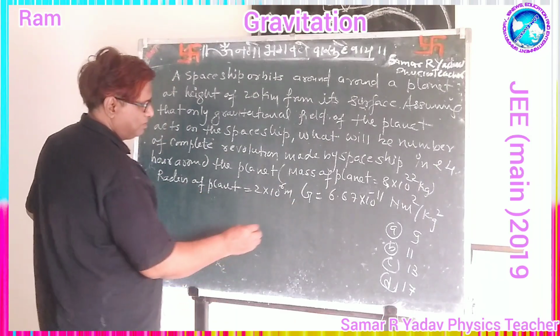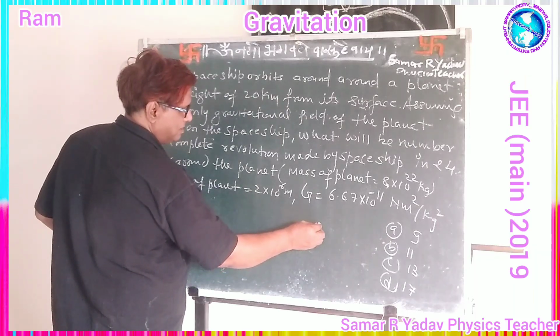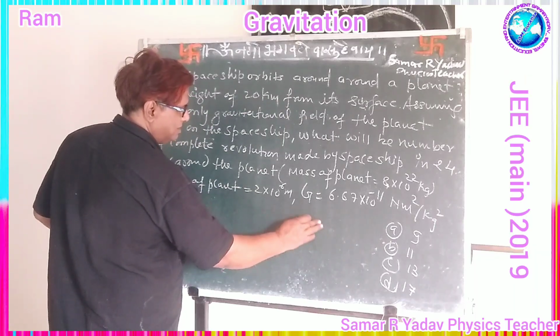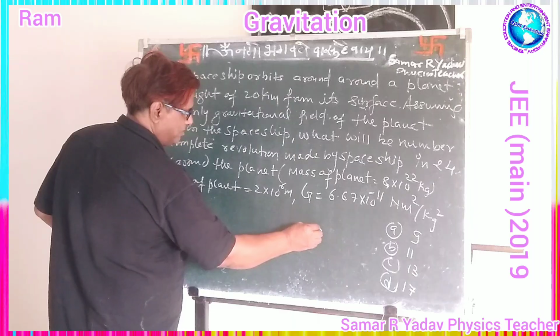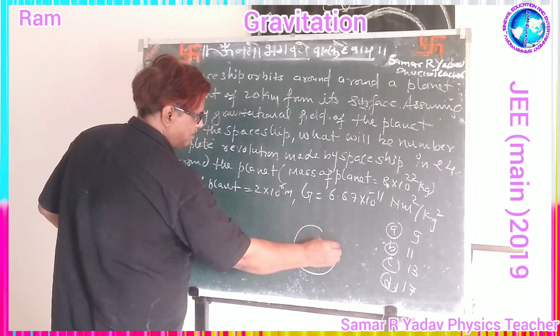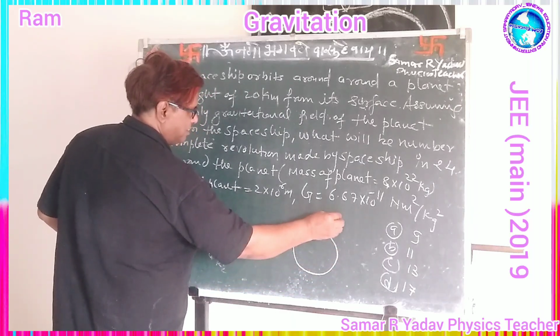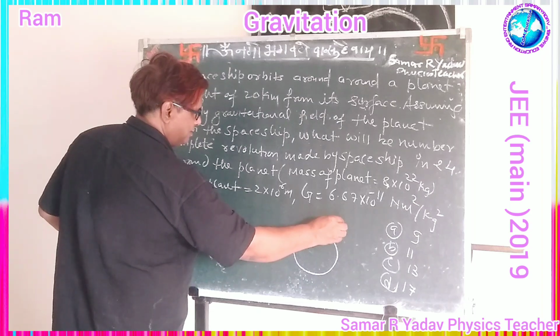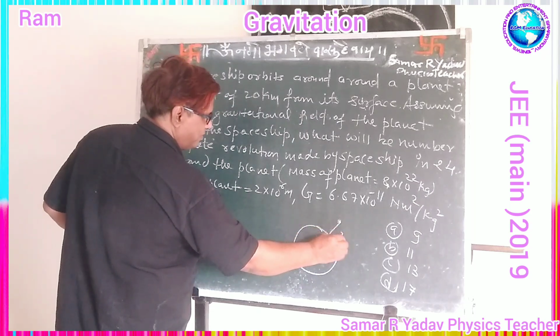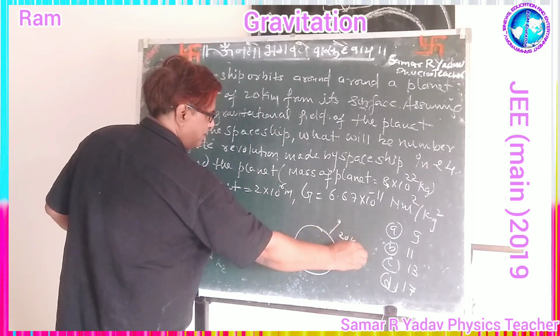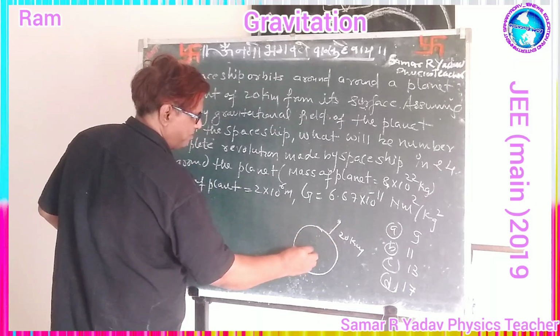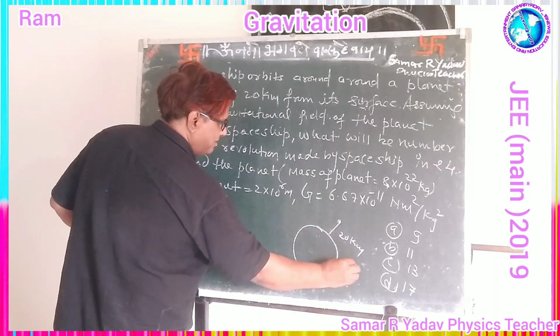Now you can see here, suppose this is a planet and here is the spaceship at a distance of 20 km from the surface of the planet.